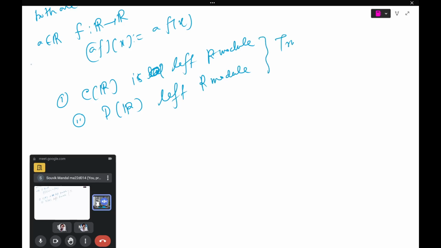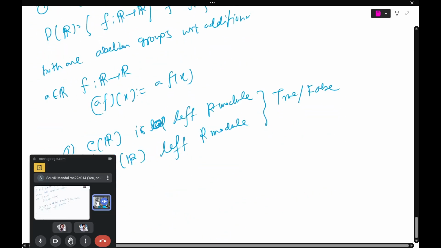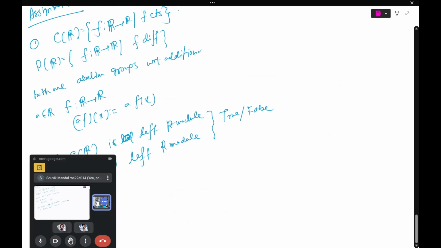Is it true or false? Do you understand the question? It is given that CR is the set of all continuous functions from R to R, and DR is the set of all differentiable functions from R to R. Both are abelian with respect to addition. It is given.